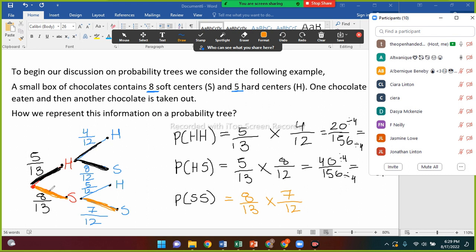The one going from 8 over 12 is connected to the hard first. So I can't go soft, then go to this soft. I have to go soft, then soft, because that one is connected to the H. That means I got the hard first, so I can't do that one. I have to go soft first, then soft.